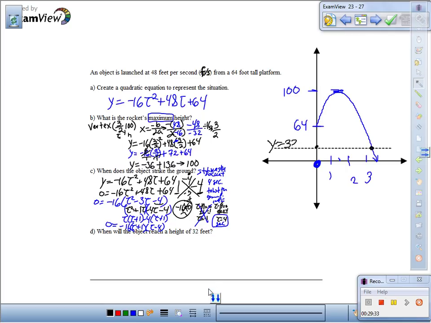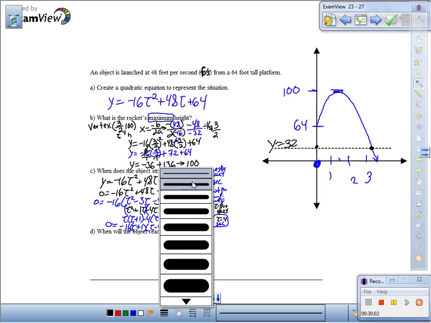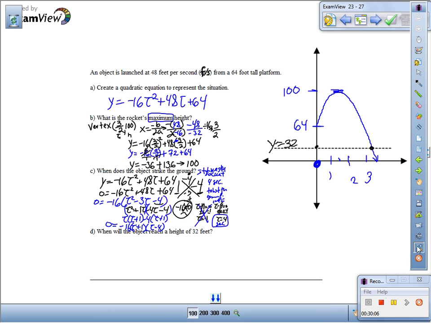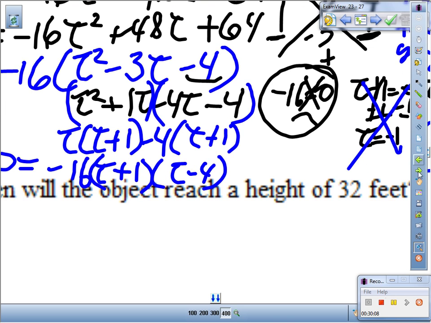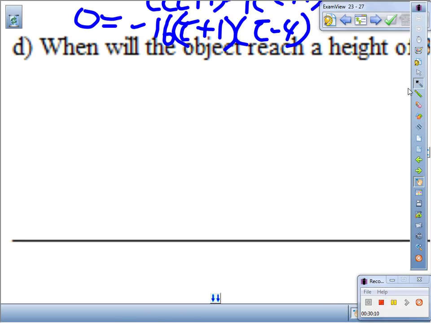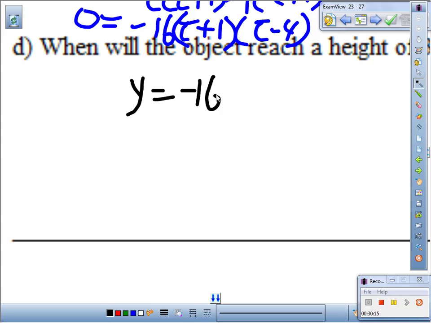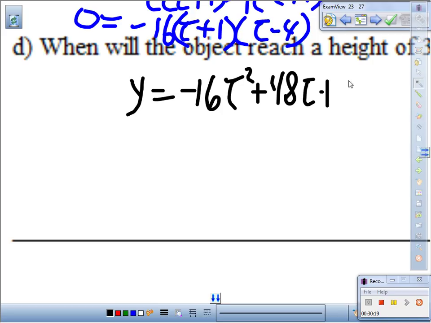So the correction from what I did last year in the original video to this year is that I'm just trying to make sense out of it to make sure you understand why we're going to do the following. So it says, when will the object reach the height of 32 feet? Well, what was the original equation? Let me zoom in. The original equation was y equals negative 16t squared plus 48t plus 64.